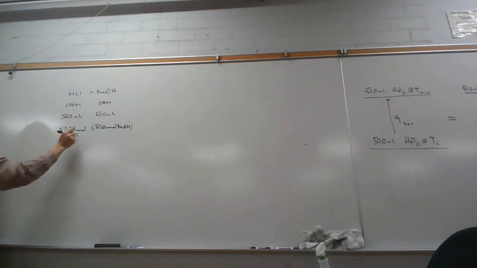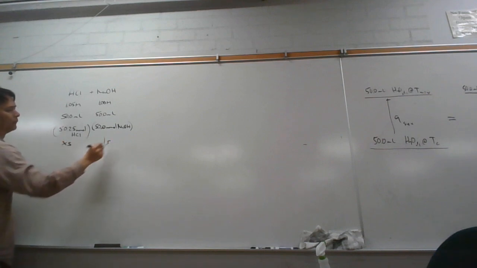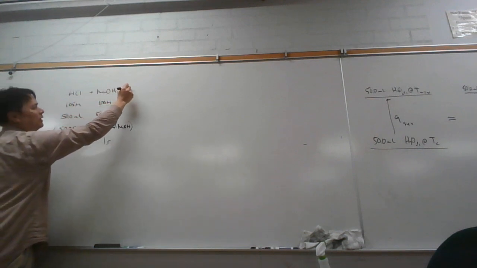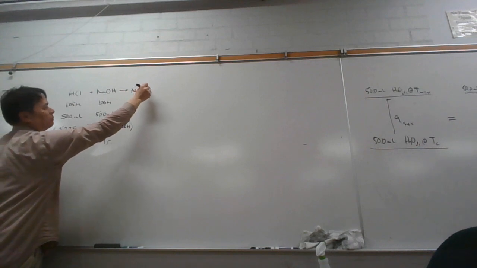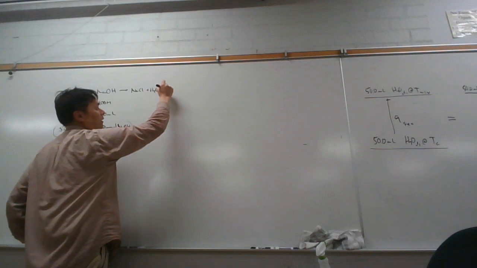And so this is going to be an excess reagent, and this is going to be our limiting reagent. And so we're going to have 50.0 millimoles of reaction. These react in a 1-to-1 mole ratio to form sodium chloride and water plus heat, energy.